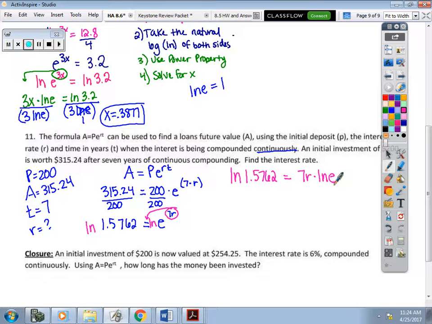Again, natural log of e is 1, so if you want to get rid of that and just put 1 there, you can. So really, to solve for r, you just have to divide by 7 on both sides. But again, if you don't trust that and you still want to put ln e in your calculator, because some people do, just to be safe, you can.